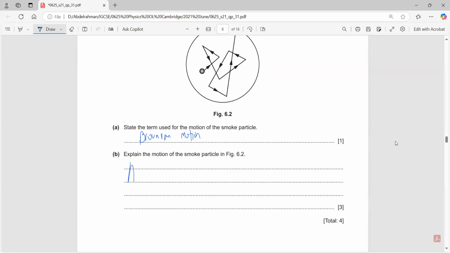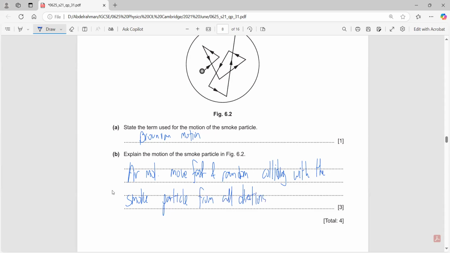So you need to say that the air molecules move fast and random, colliding with the smoke particle from all directions, causing this random zigzag motion.